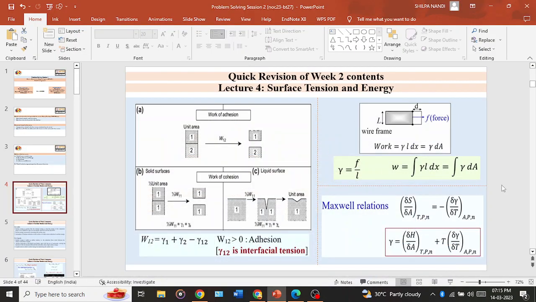Next, we went through the Maxwell relations, which gave the relations between the differential surface entropy, the differential surface tension, as well as the differential surface enthalpy.